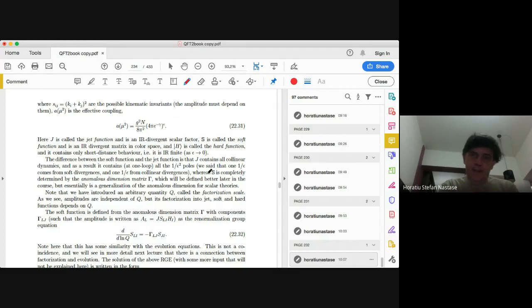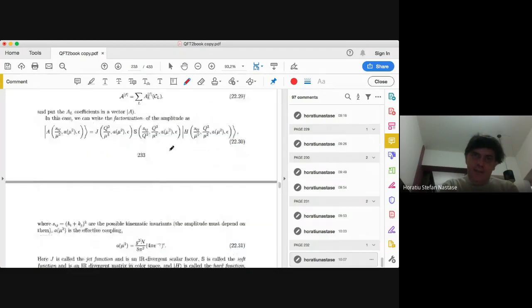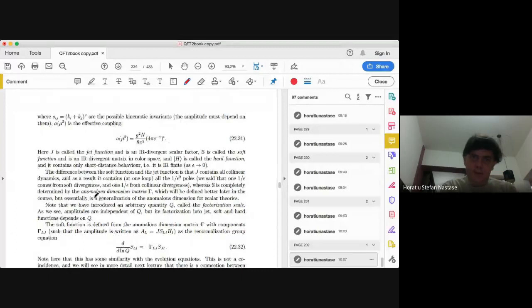Then S is defined by the so-called anomalous dimension matrix gamma, which I'll define shortly, but which is basically a generalization of the anomalous dimension for scalars.